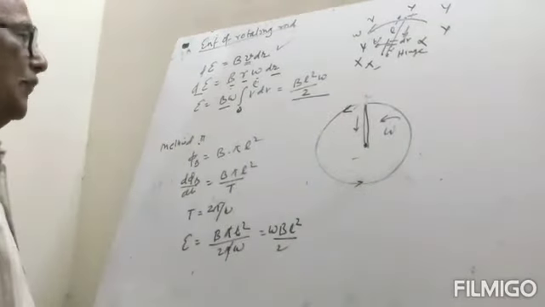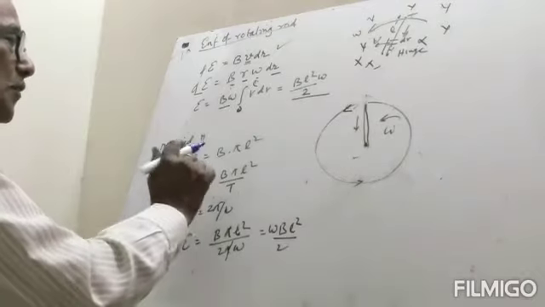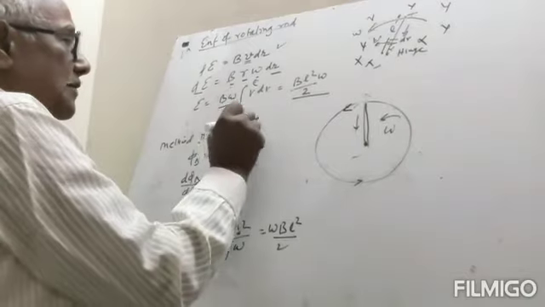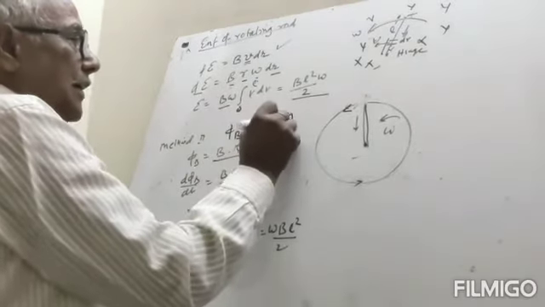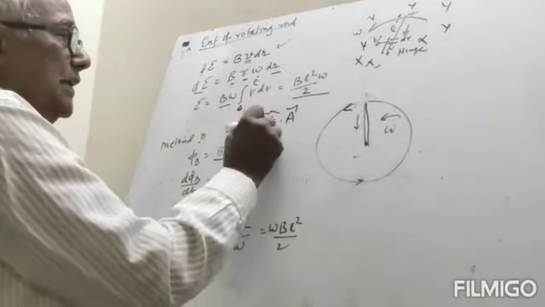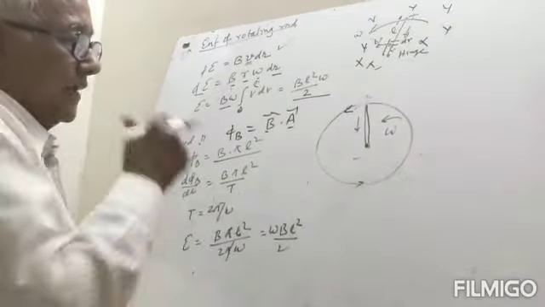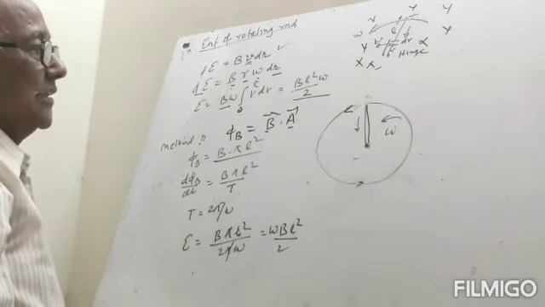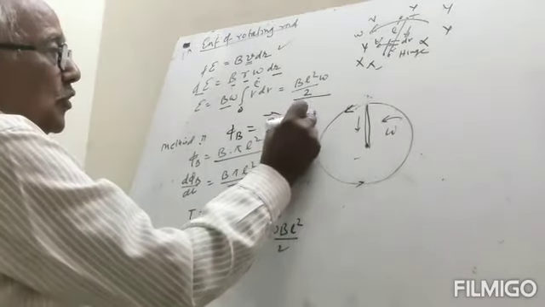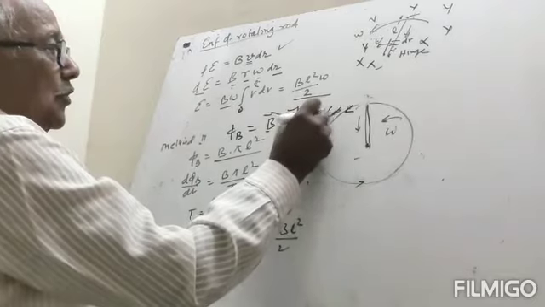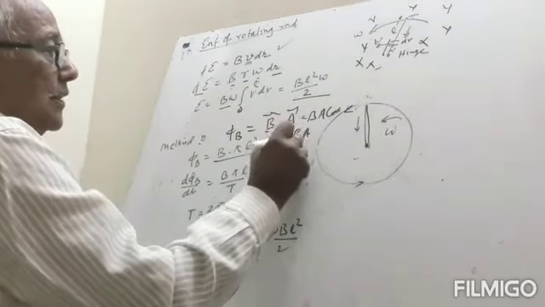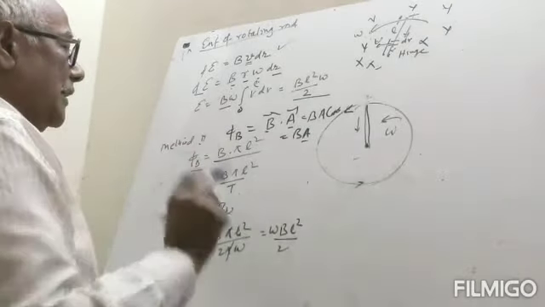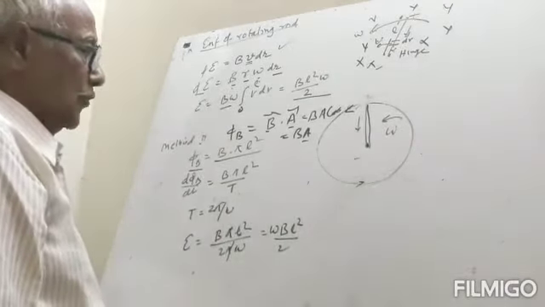The magnetic flux will be equal to B dot A. Now B and A are vectors, and the directions of B and A are parallel, so theta is equal to 0. So this will be equal to BA cos 0, which is B into A. Now the area covered will be equal to pi r square. So magnetic flux will be equal to B into pi r square.